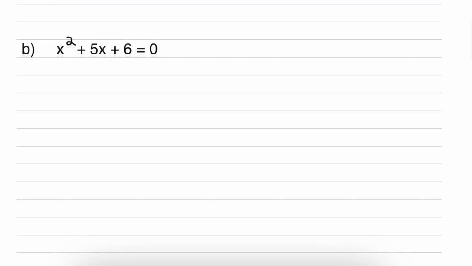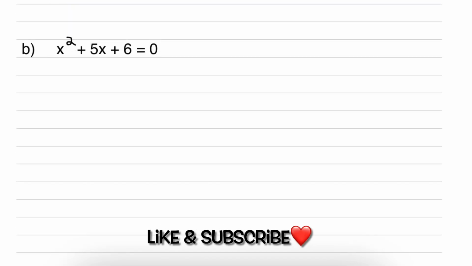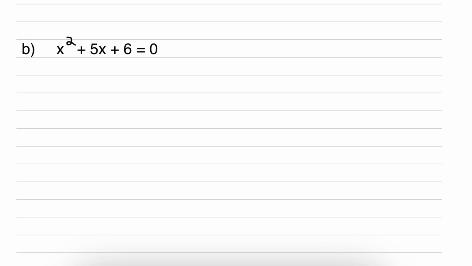Let's move on. Okay, now question B over here asks us to solve the equation x squared plus 5x plus 6 equal to 0. For this equation, because we have a trinomial now, not like the previous one, I'd like you first to find the factors of the constant term in that trinomial.